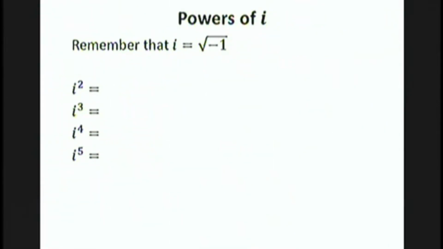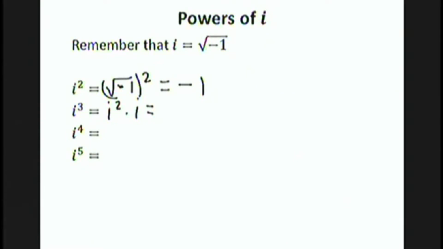Powers of i. Okay, remember that i is the square root of -1. Let's start raising i to various powers. i squared. In other words, the square root of -1 squared. Well, when we take a square root to the power of 2, they just cancel, and we get -1. i cubed is just i squared times i by basic laws of exponents.